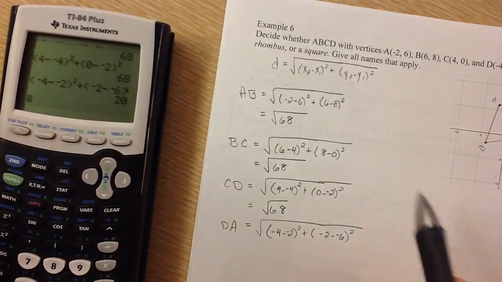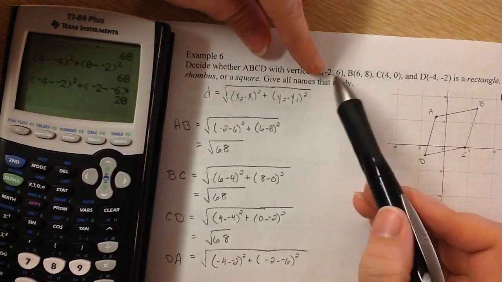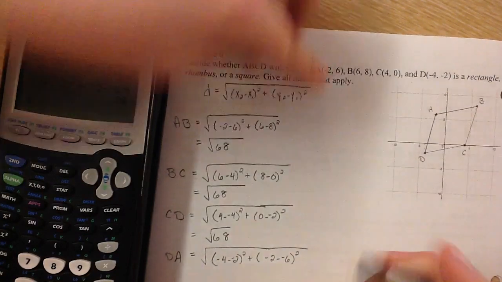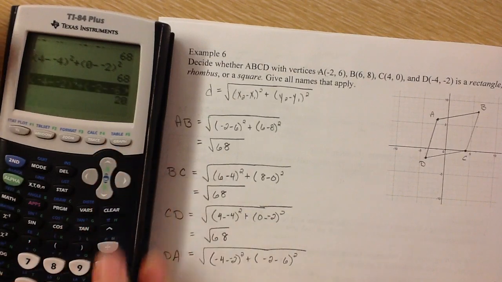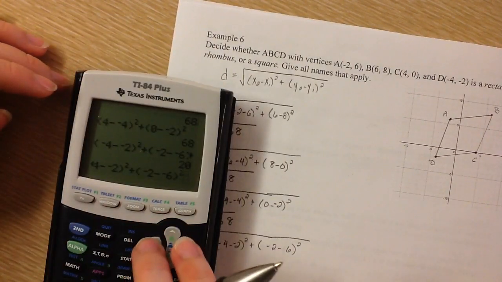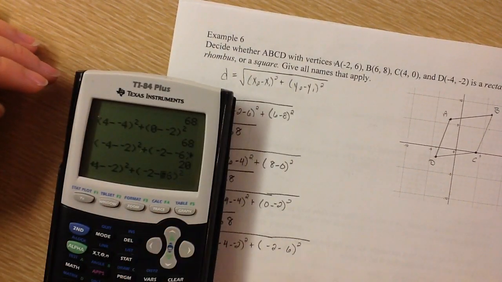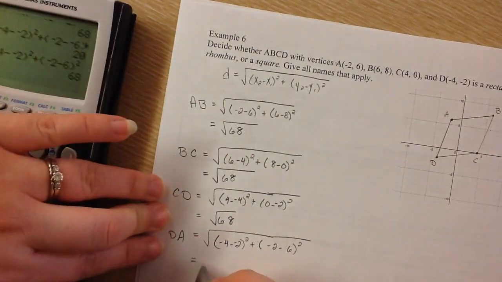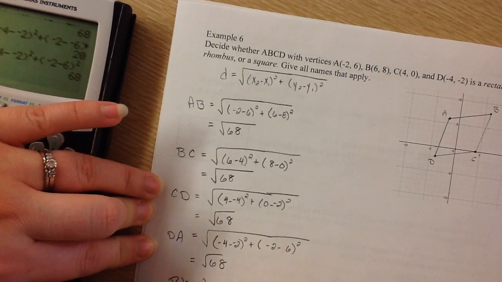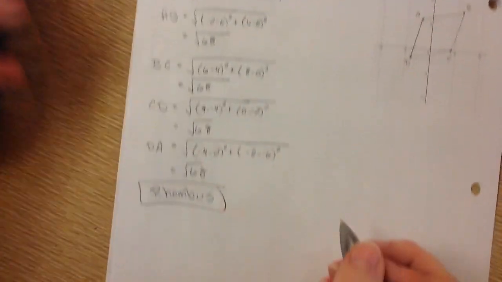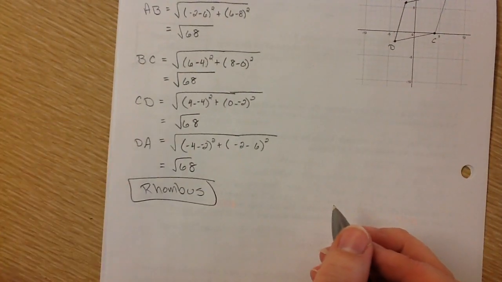Nope, I did that wrong. Negative 4 minus a negative 2 squared. Negative 2 minus a positive 6. I did a negative 6, so let's delete that. Square root of 68. So it tells me right there it is a rhombus. All four sides are congruent. Okay, so we know it's a rhombus.